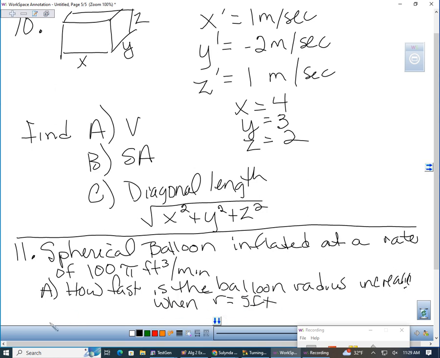And then for part B, it wants to know how fast the surface area is increasing at that instant.